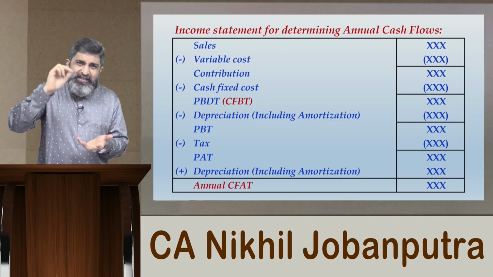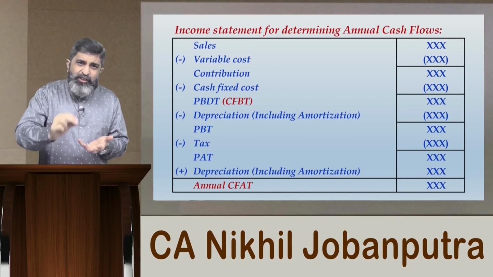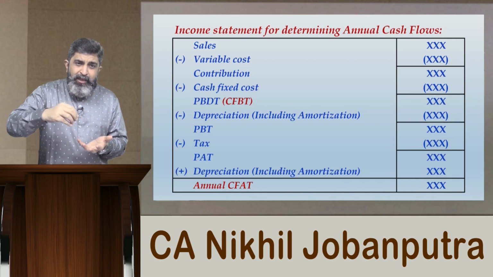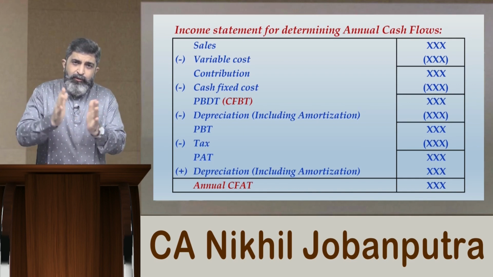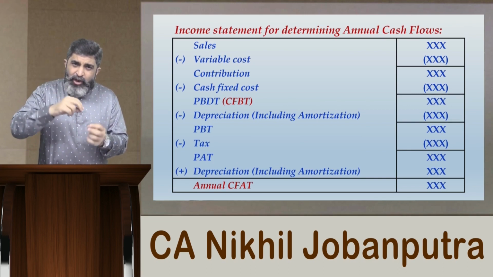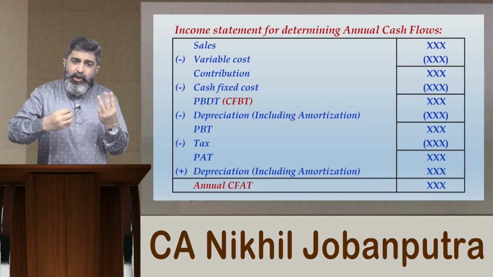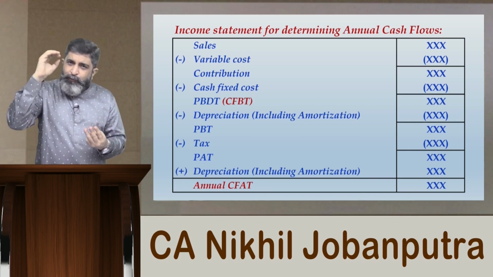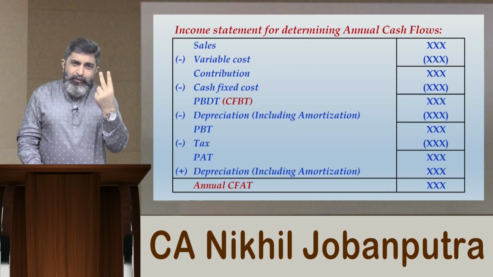If I am selling say 1,000 units, each unit will generate income for me, and each unit will also require some cost to be incurred. The cost incurred on each unit, I told you it is 3,000, and the revenue that I am getting for each unit is 5,000. So 5,000 minus 3,000, each unit is contributing rupees 2,000.